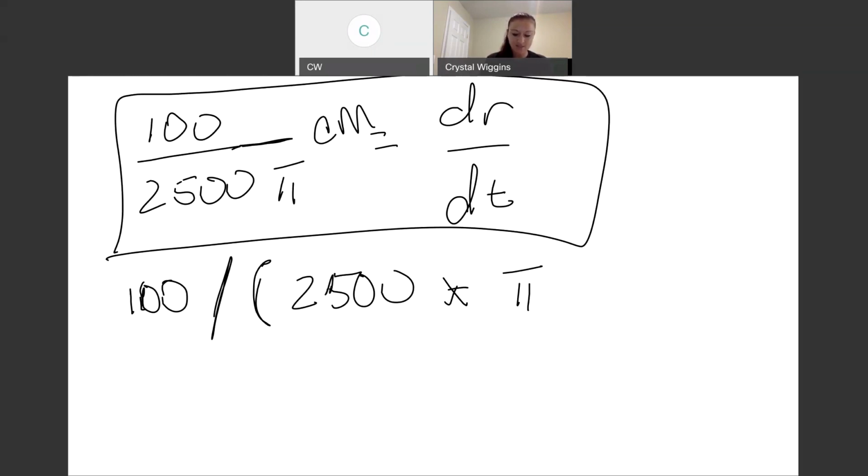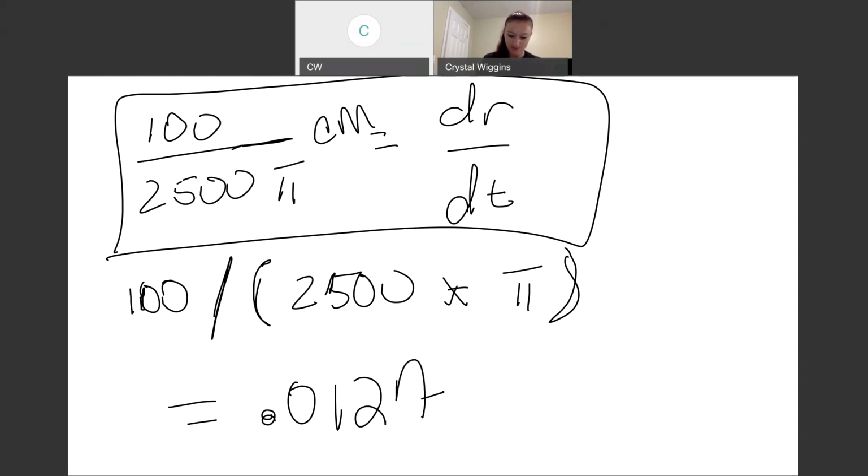You need the parentheses because in order of operations, it's going to go left to right with division and multiplication, and it will divide the 100 by 2,500 before multiplying. That's not what we want. So this comes out to be approximately 0.0127 centimeters per second.